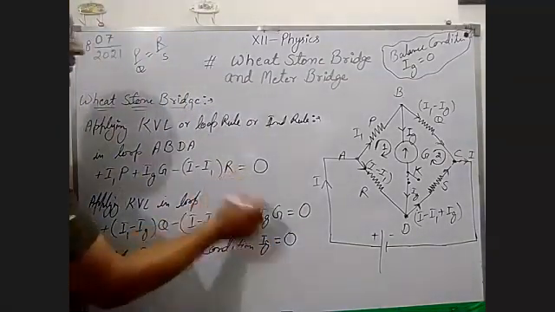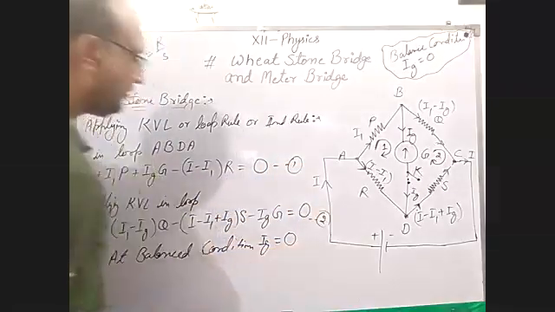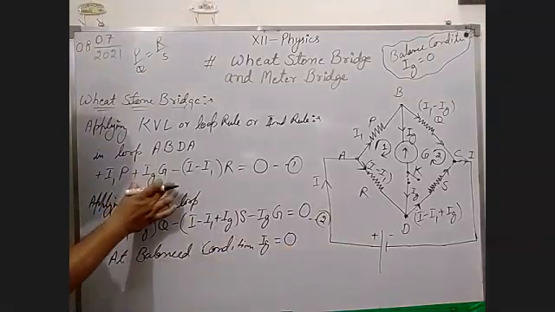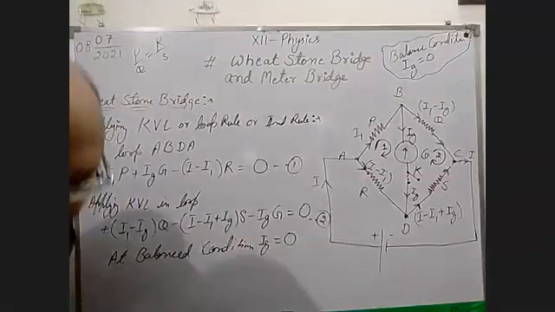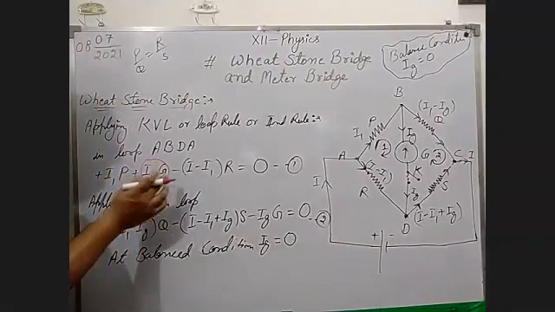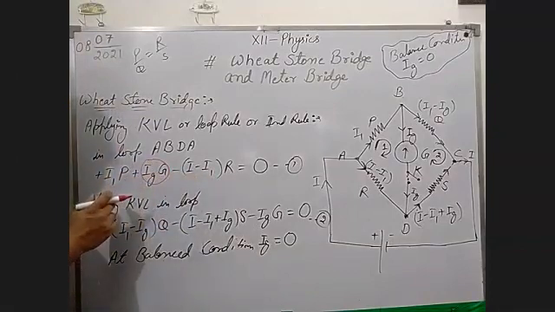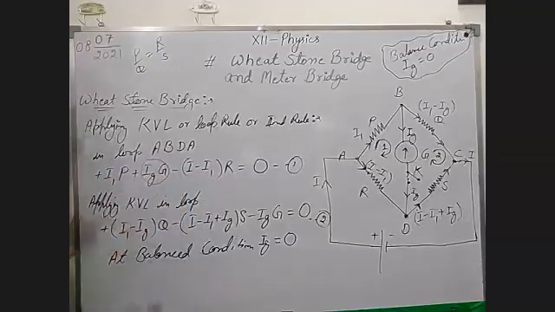Now put in both the equation 1 and equation 2. Now equation 1 became this term will be 0 because Ig is there, and the rest thing is I1P, I minus I1.